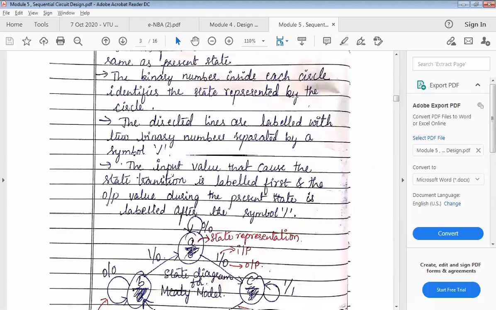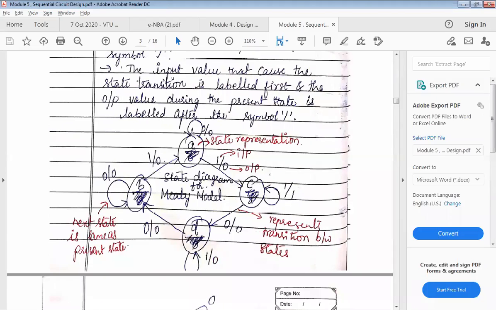This is my state representation, and this arrow shows that it is going from one state to the next state. Here you can see 0/0, 1/0. It means the numerator represents input and the denominator represents output.